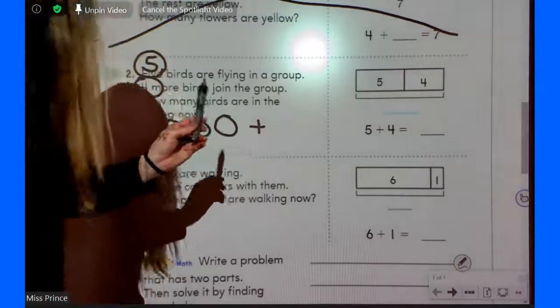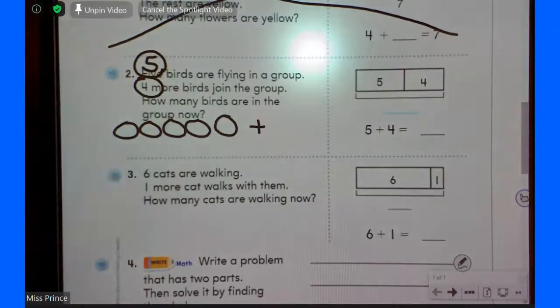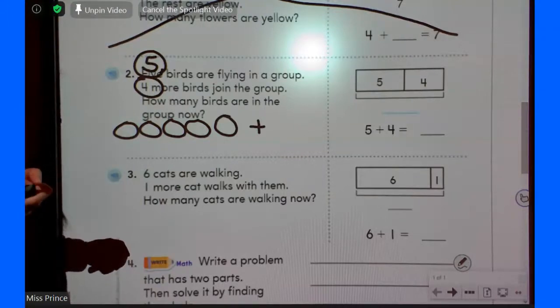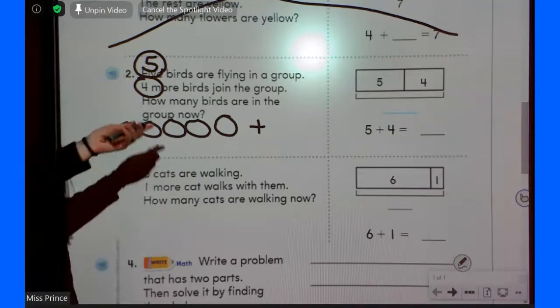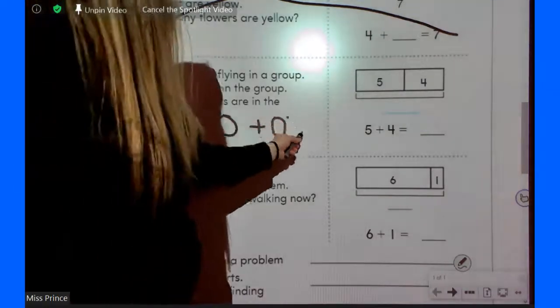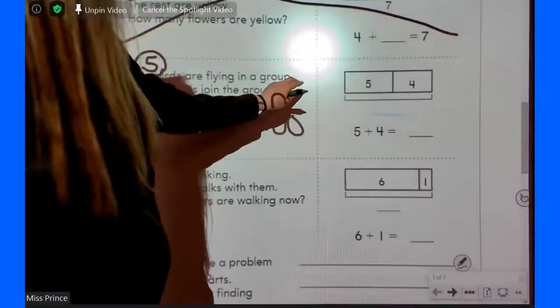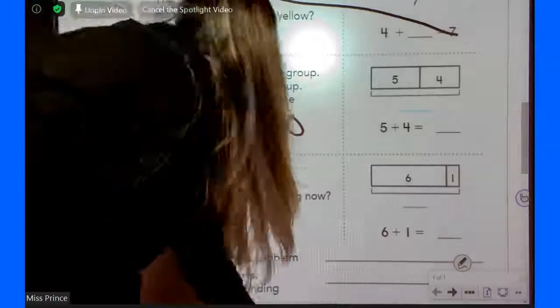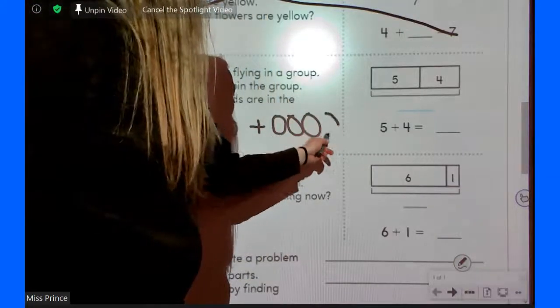Plus, Mason, how many more do I draw? 4 more. 1, 2, wow. 3, 4.